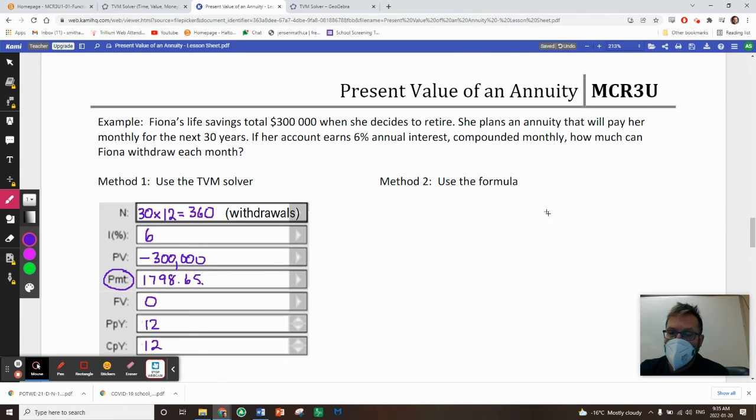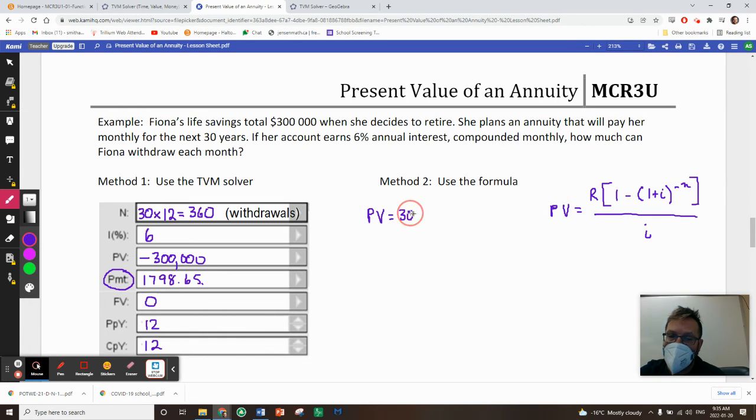Our formula, PV equals R times 1 minus 1 plus i to the power of negative n, divided by i. In the last question, we had R, we had i, we had n. This question, we have PV, we have i, we have n. We're finding R. In this question, we're given the PV.